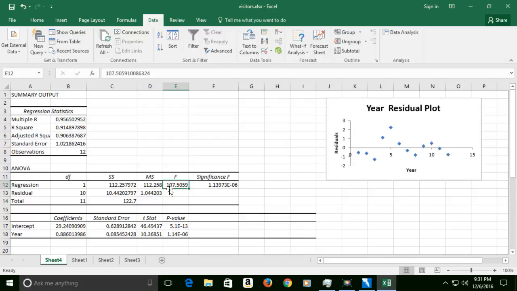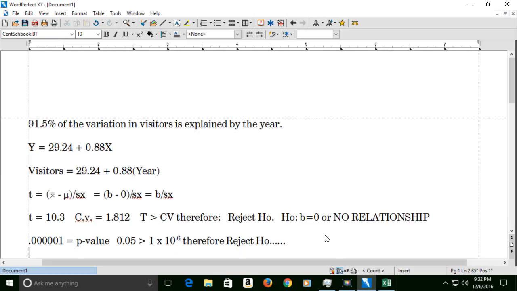F and T are related. If I take this 10.3 right there and I square it, I get 107.5059. The F is the square of T. T squared equals F.